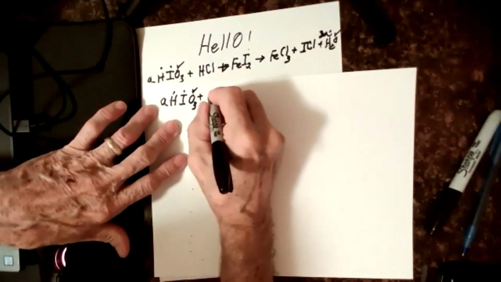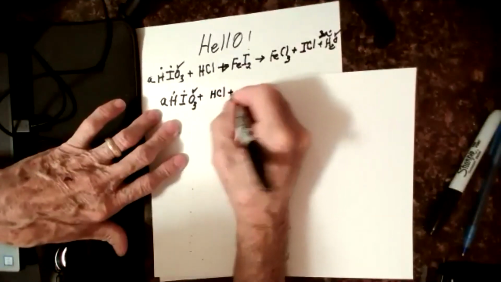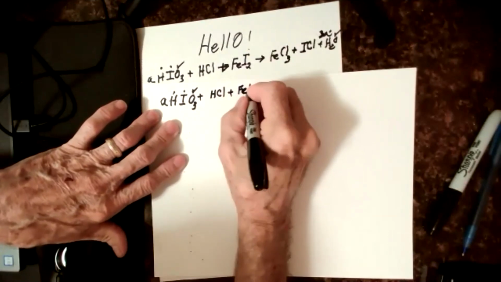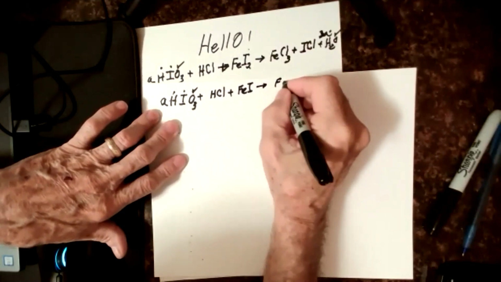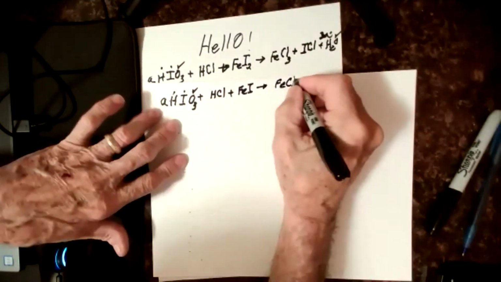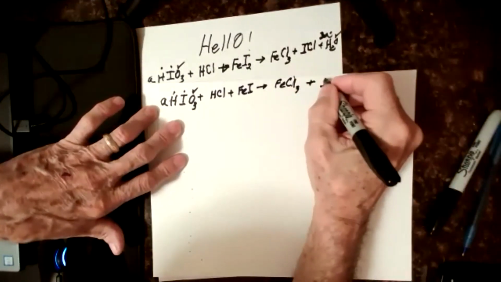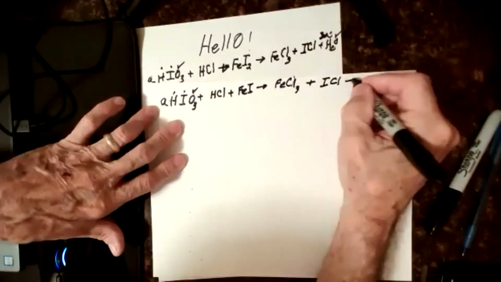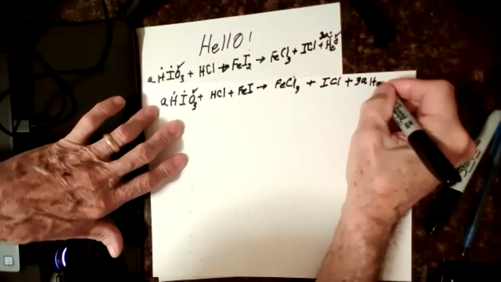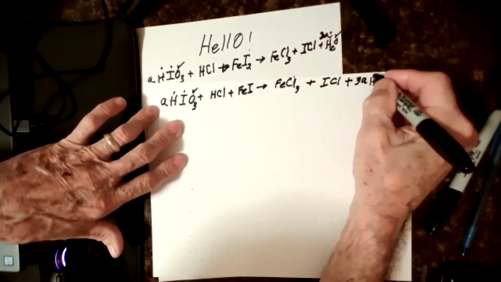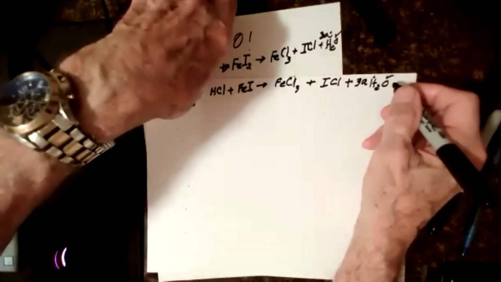We've got HCl, I have not done anything with. We've got FeI2 that I've not done anything with. We've got FeCl3, and I've not done anything with it. We've got an ICl, and we've got a 3A H2O. We've got a dot over the hydrogen and a check mark over the oxygen. So that looks good to me.